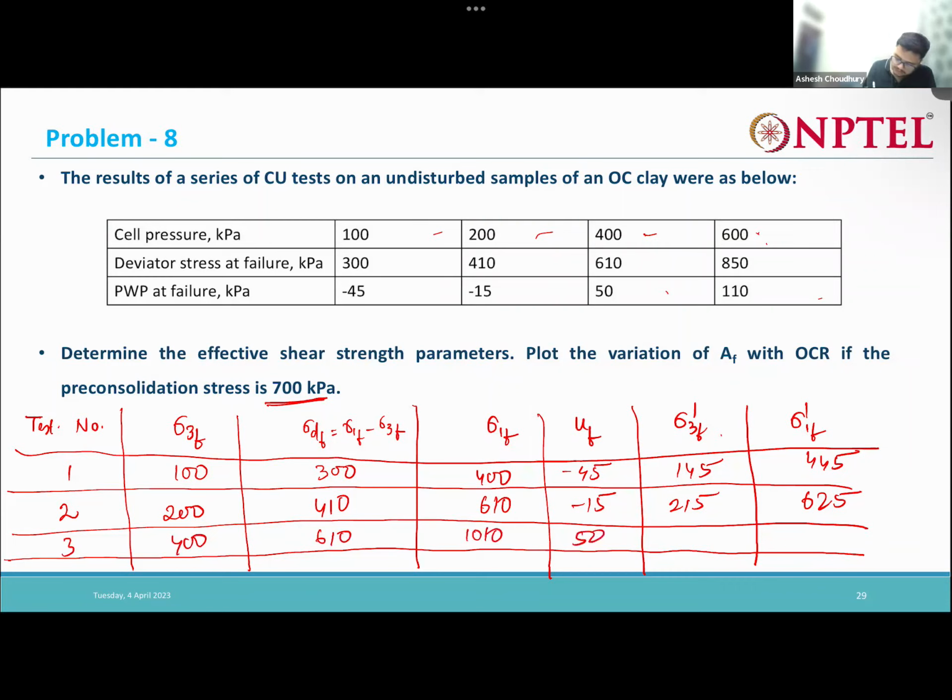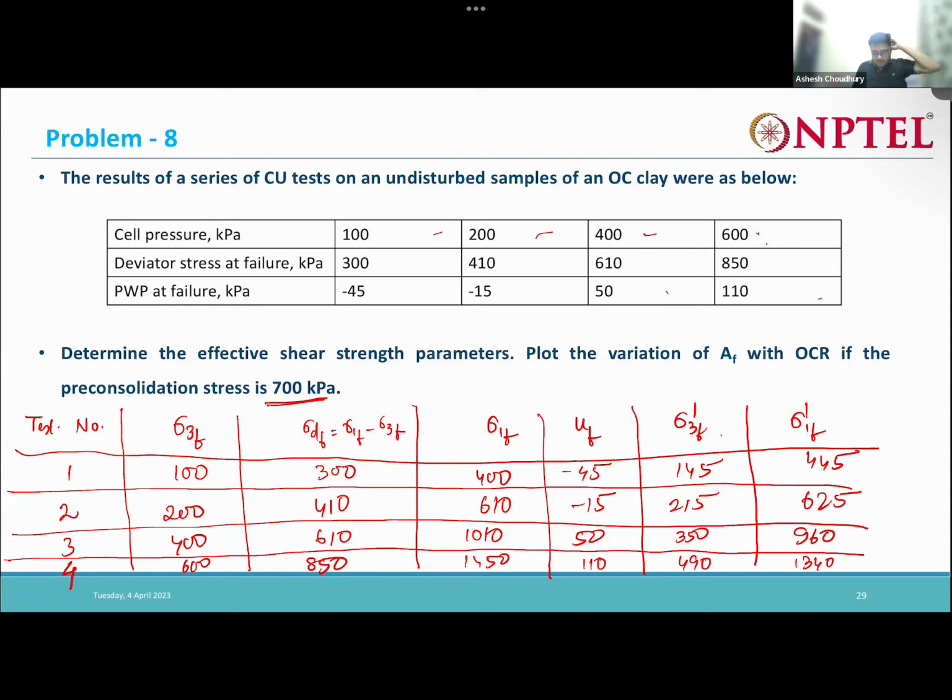This is positive now. So 400 minus 50, it will be 350, 960. Then we have test 4. Sigma d 600, sigma d 850, 1450. It will be 110, 490. Okay, so we got this.